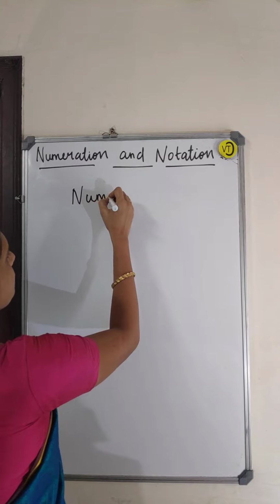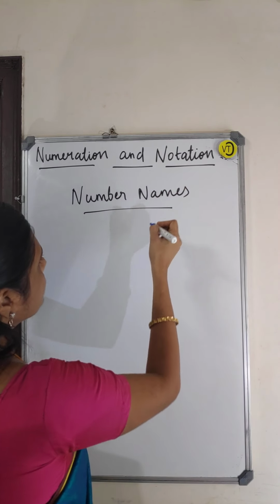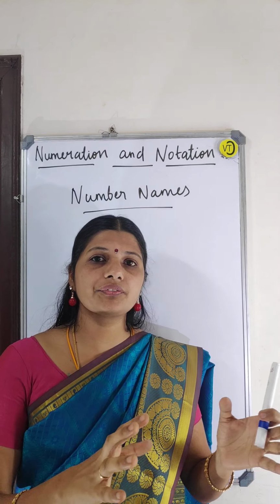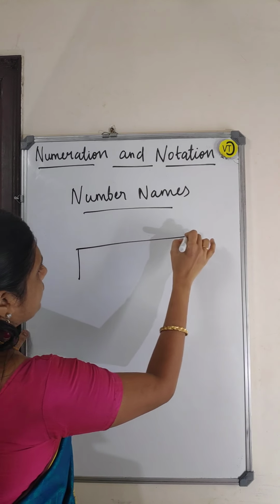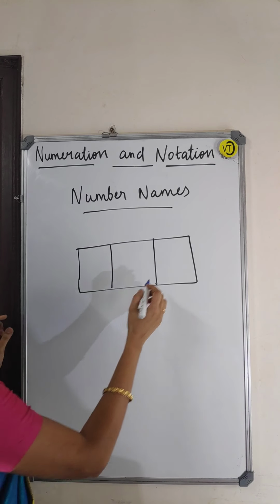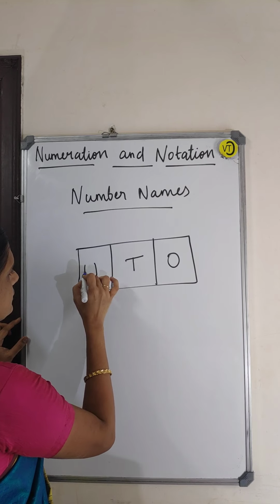Next is number names. So I told you number names means what? 54, 353. Those are number names. Okay. So for a number name, first of all you have to know the places. It is ones, tens, hundreds.